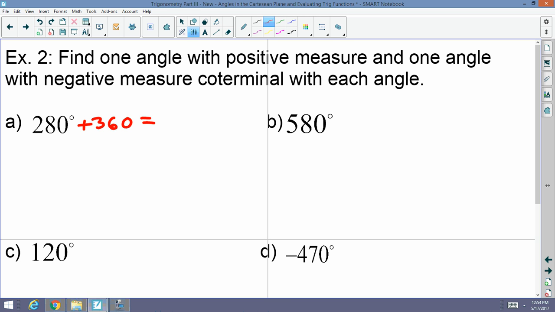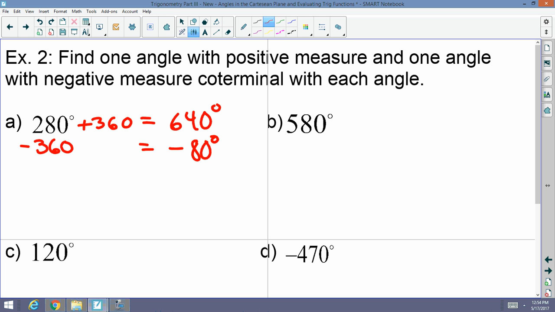So I found that that's going to be 640. That's one coterminal. Let's go ahead and subtract 360. My negative coterminal is negative 80. Are those the only coterminals I have? No, guys, there's an infinite number of coterminals. Infinite number. How about for B? Give me one positive and one negative.